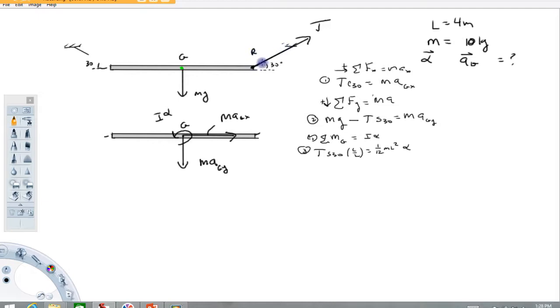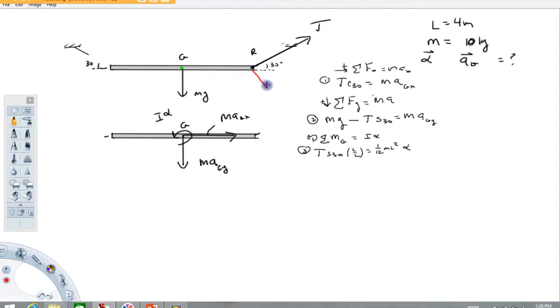And here's something I know for sure about R. Because this is fixed by a rope here that's not breaking presumably in the problem, the acceleration of R can only be this way. I'm just going to call that A sub R, and this would be a 60-degree angle. I'm going to put acceleration vectors in red.